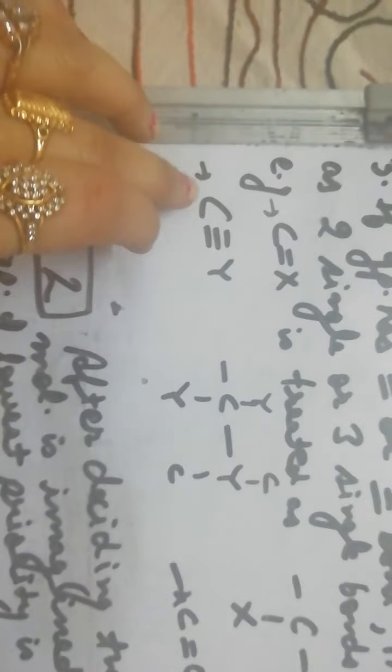Likewise, C triple bond Y: here carbon is triply bonded to Y, so it is considered bonded to 3 Y atoms, and Y is considered bonded to 3 carbon atoms. Likewise, we have CH double bond CH2. This carbon is doubly bonded to the CH2 carbon, so it is connected to 2 carbon atoms. Likewise, the other carbon is also connected to 2 carbon atoms.